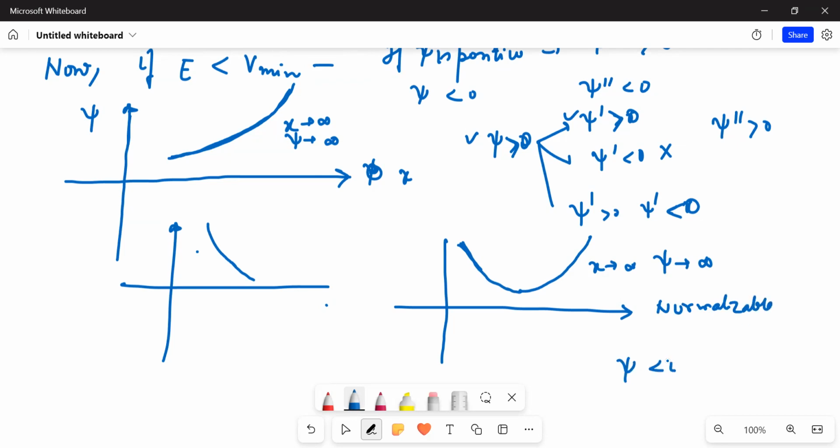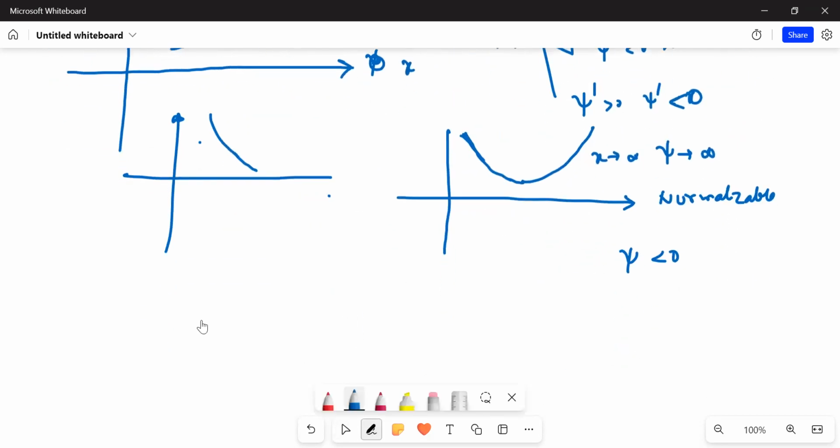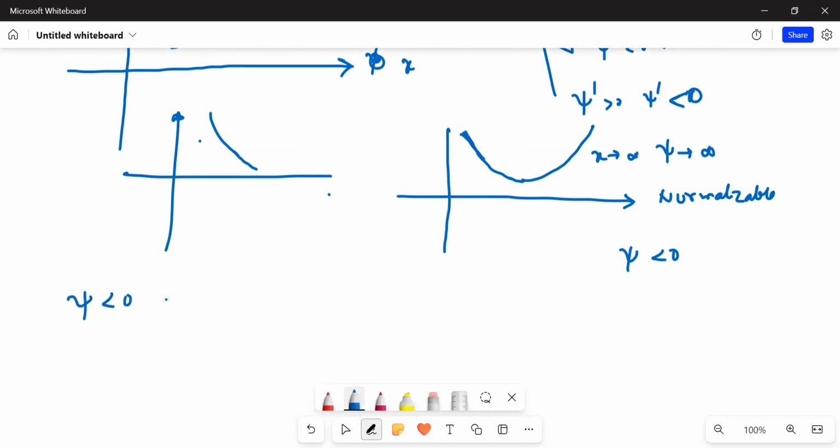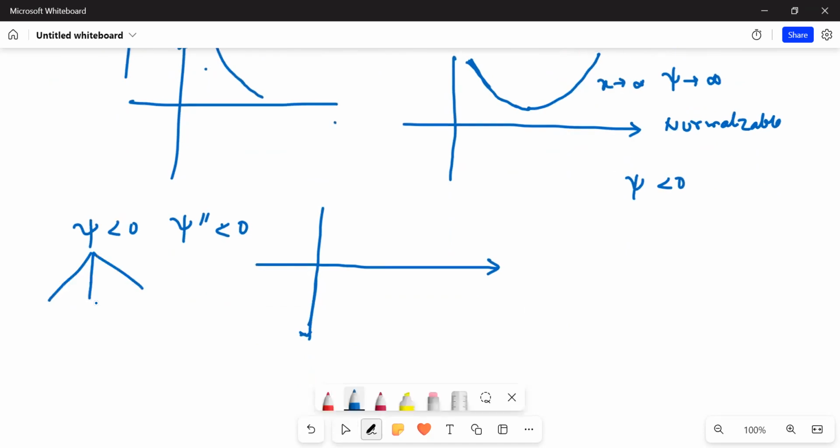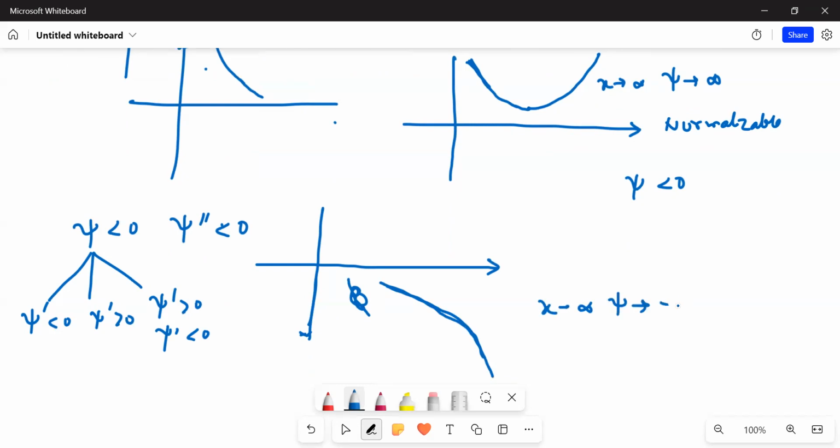The same treatment you can apply for ψ less than 0. For ψ less than 0, ψ double dash has to be also less than 0. Now there can be three cases. If ψ dash is negative, then it decreases at a decreasing rate, and clearly it tends towards minus infinity.